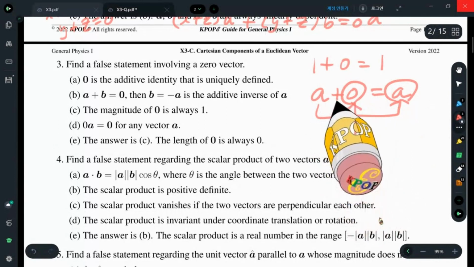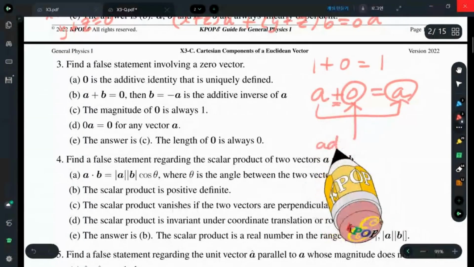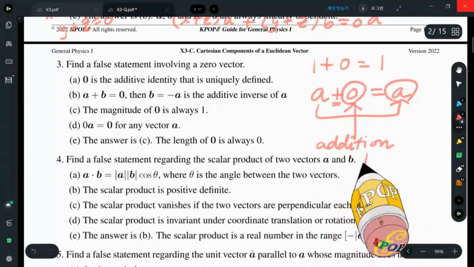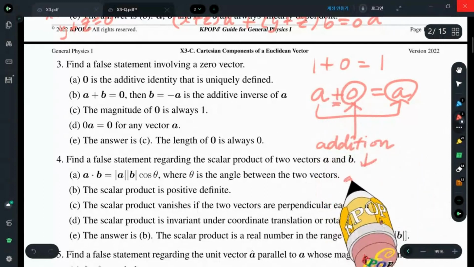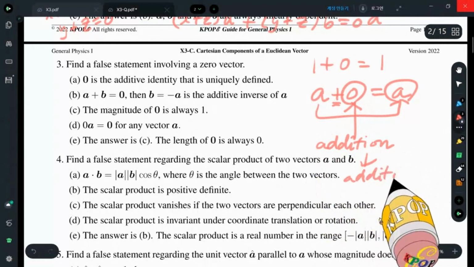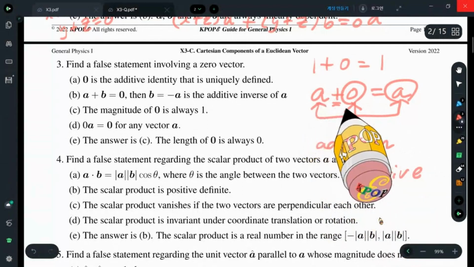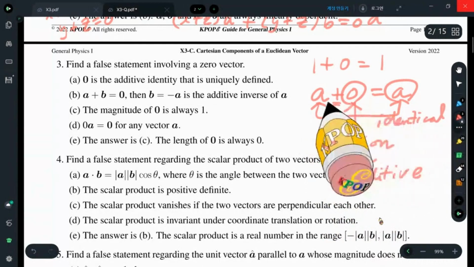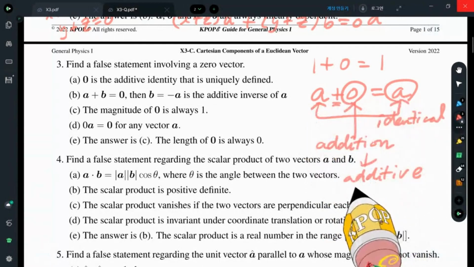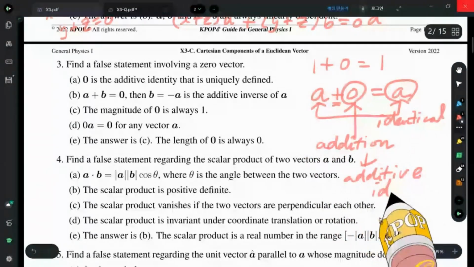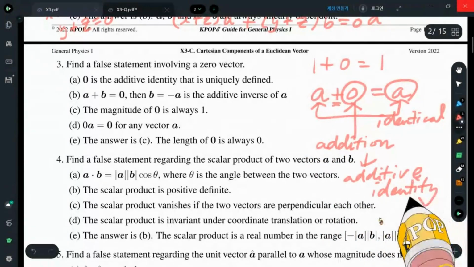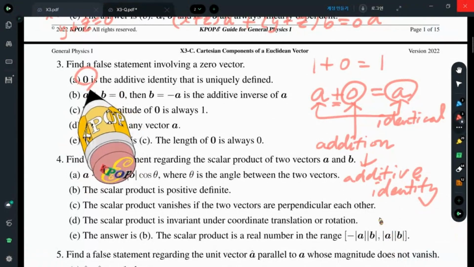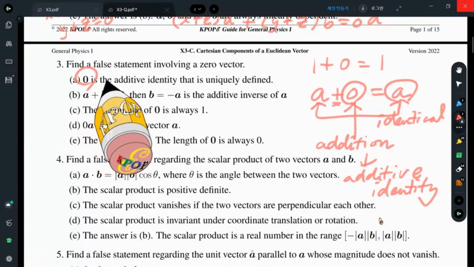So we say this is addition, and the adjective of addition is additive. They are identical to each other, the same. So additive identity. So 0 is called the additive identity of this operation called addition.